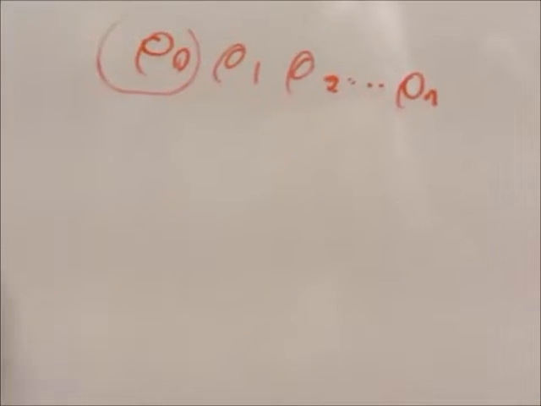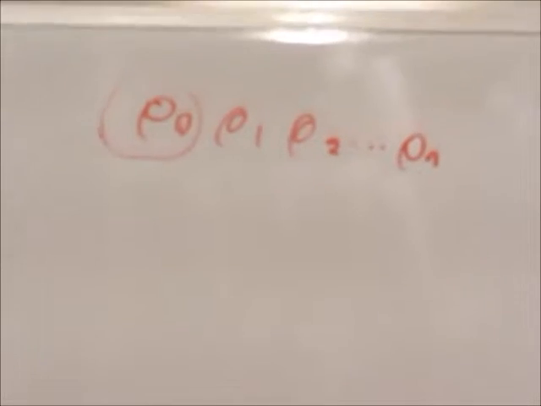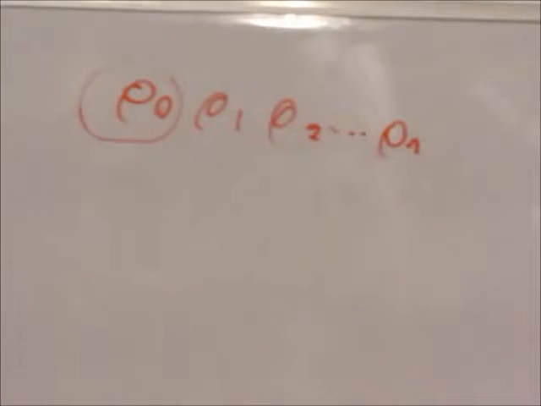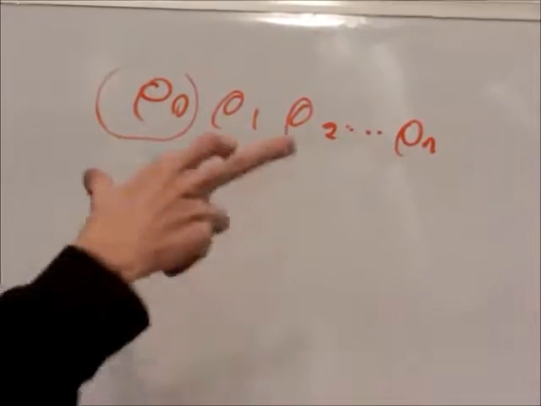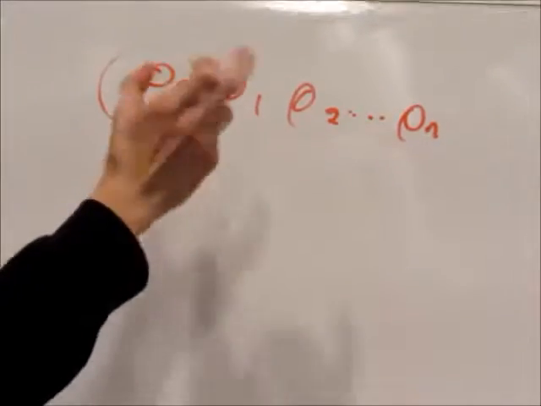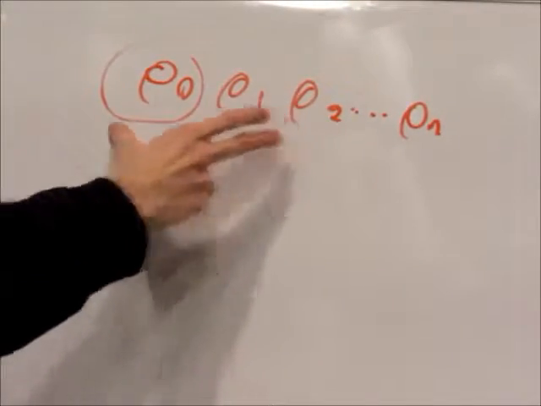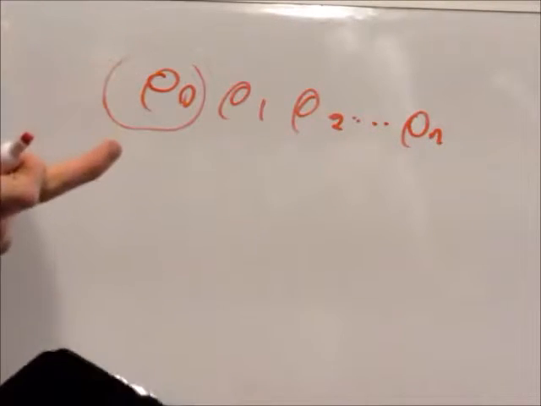But in a block cipher, what you instead do is you break up the plain text into blocks of multiple characters, and then you encrypt one whole block at a time.